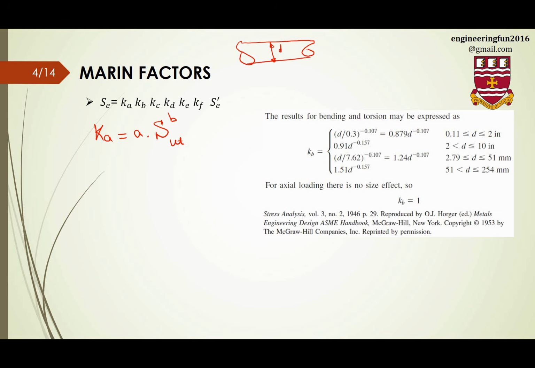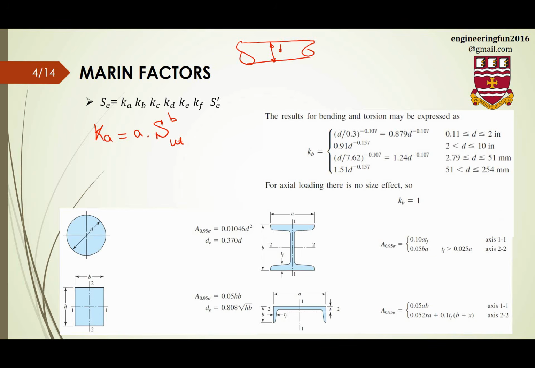But the problem is the cross section is not always circular. If it's not circular, if it's something like rectangular or T or I-beam or any other shape, what we need to do is, instead of using the diameter d, we need to use an equivalent d.